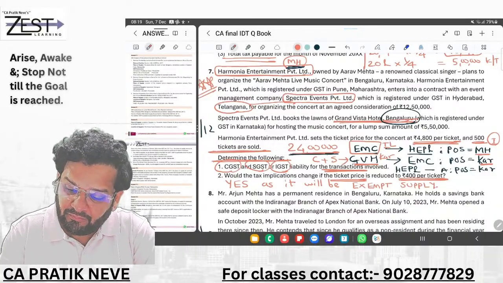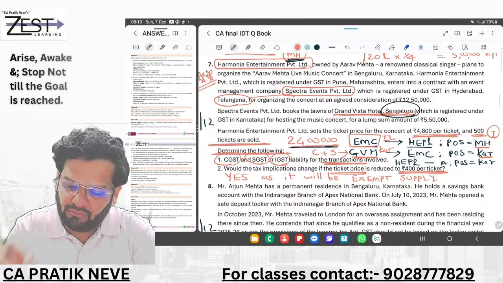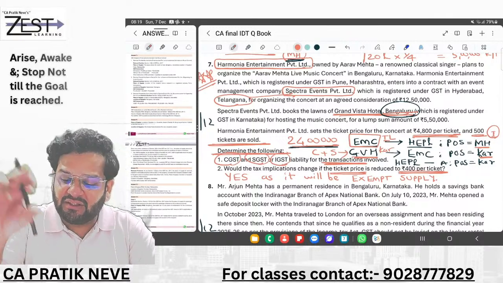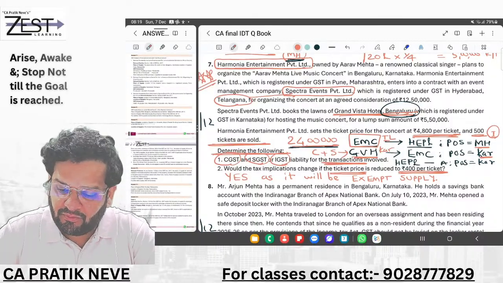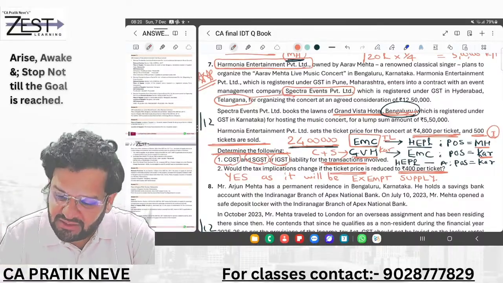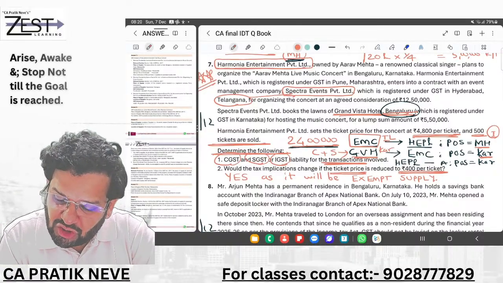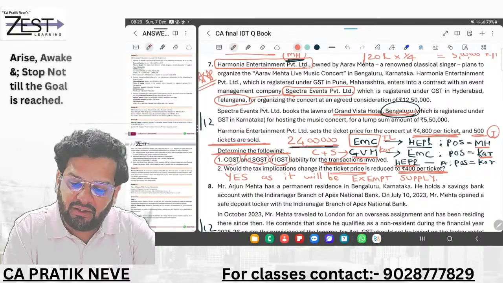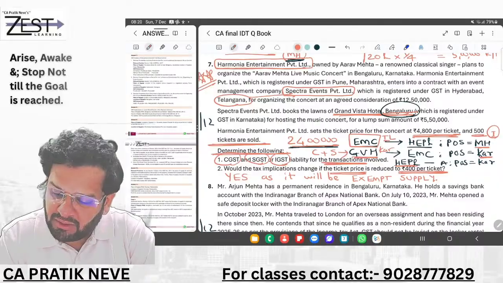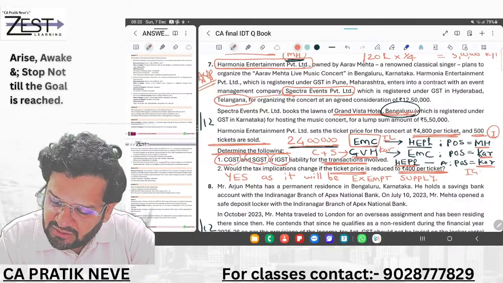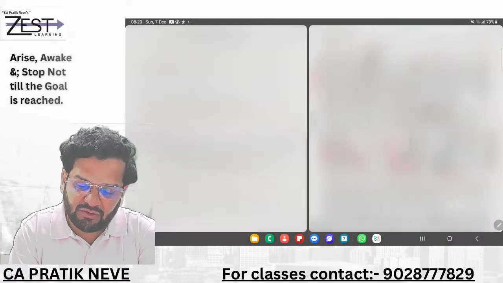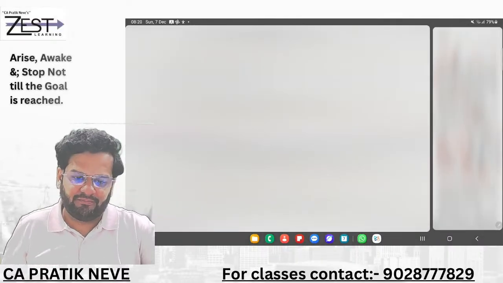And in the last transaction, where Harmonia Entertainment Private Limited is giving supply to that various audience, the location of supplier HEPL is Maharashtra, but place of supply Karnataka, there will be IGST. So this way, GSTs will be there in the given question.